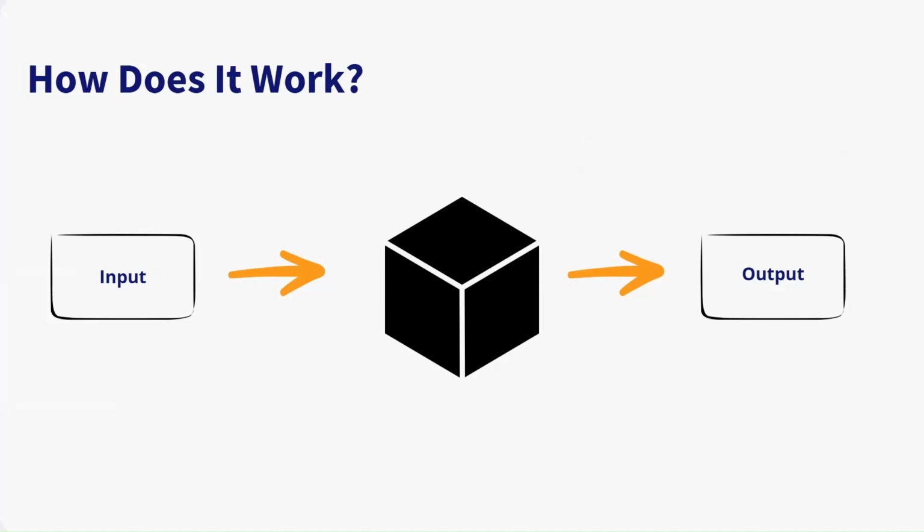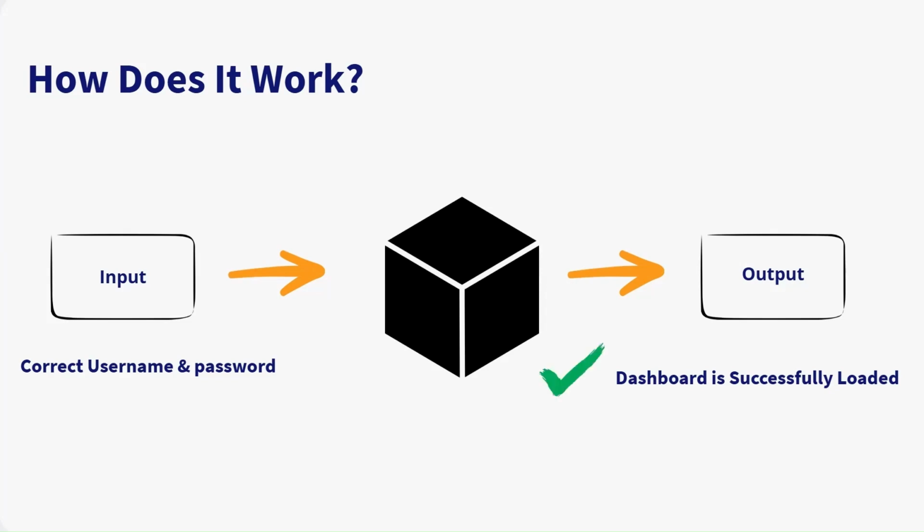How the testing is going to work is you're going to have an input, the correct username and password, the correct credentials that you have. Let's assume the black box is an e-commerce website. So you're giving your credentials to the e-commerce website and you're going to check the output, what is going to happen. For this input, there can be two kinds of outputs. One is the dashboard is successfully loaded. In that case, if your dashboard is loaded correctly for the correct credentials, then you can assume that the test has passed.